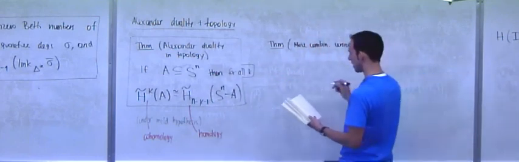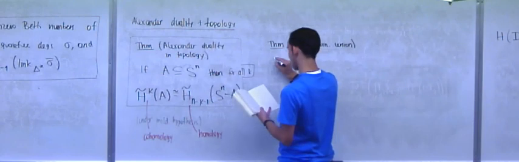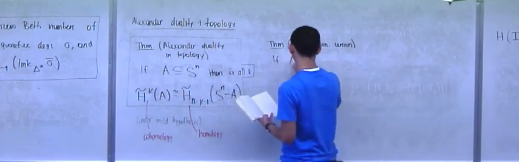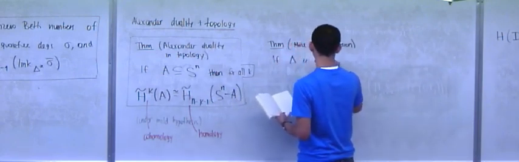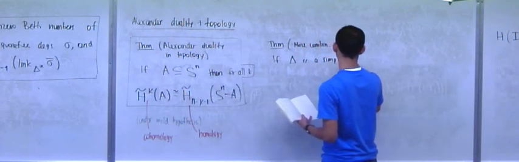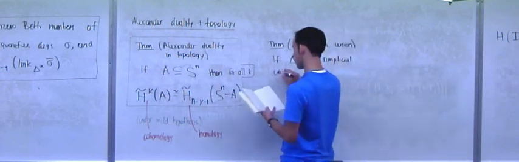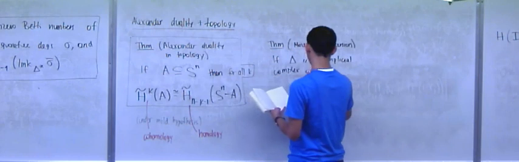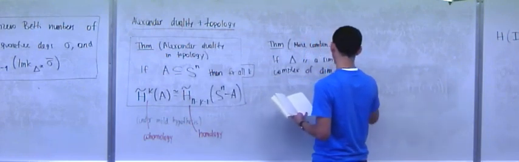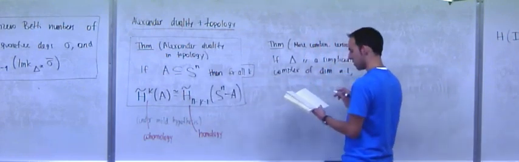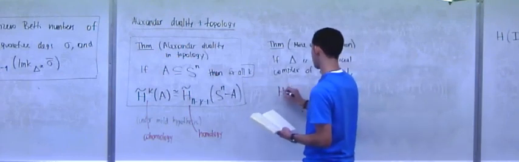It says that if you have a simplicial complex of dimension n minus 1, then the same statement is true.